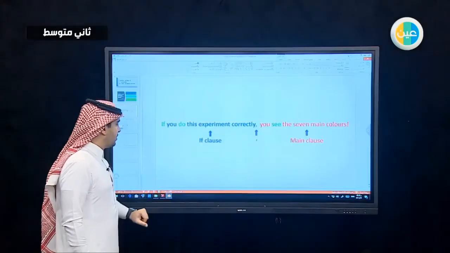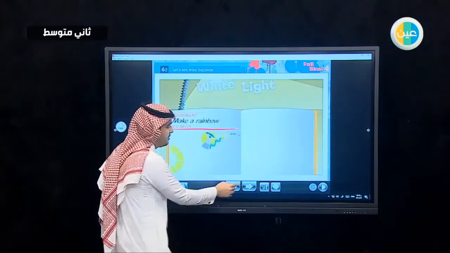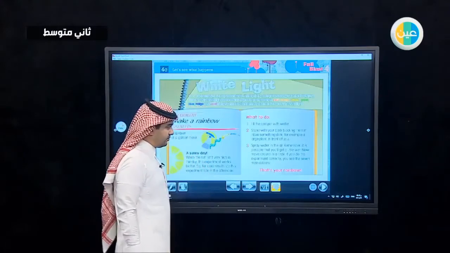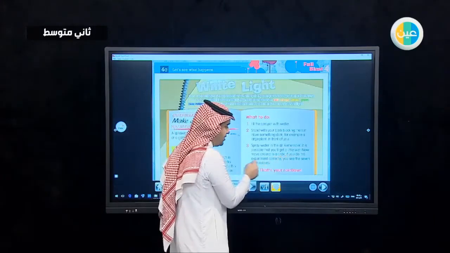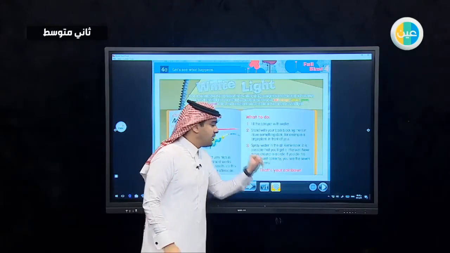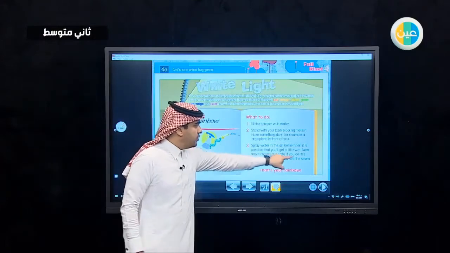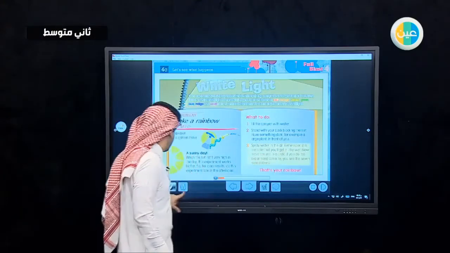Okay, now let's take a look at this sentence and tell me what you think. If you do this experiment correctly, you see the 7 main colors. Okay? If you do this, spray water.